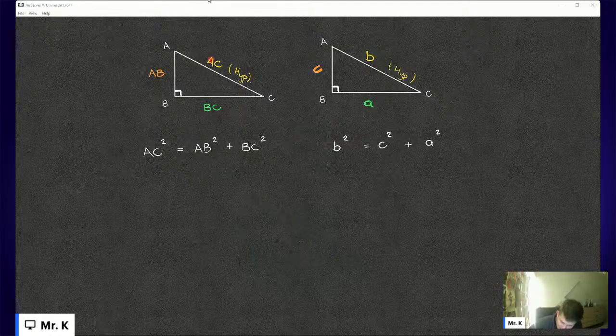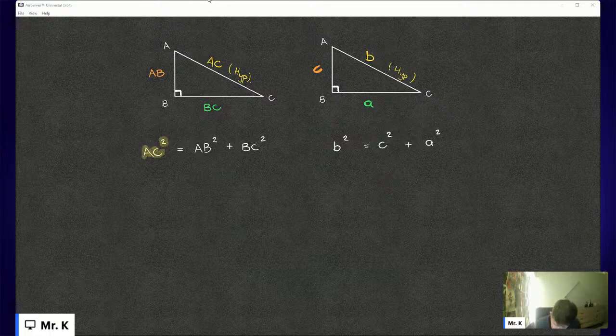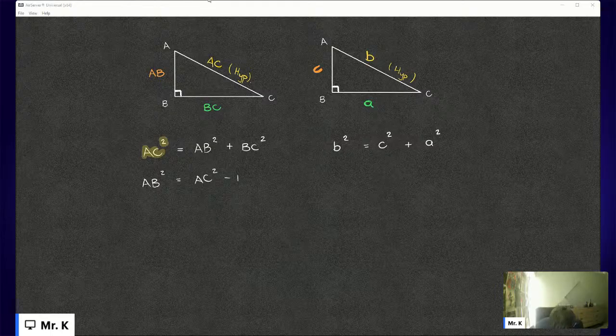AC was the yellow side over here, right? But I can also rearrange this to say that AB squared is equal to AC squared minus BC squared, right? All we've done is rearrange this.